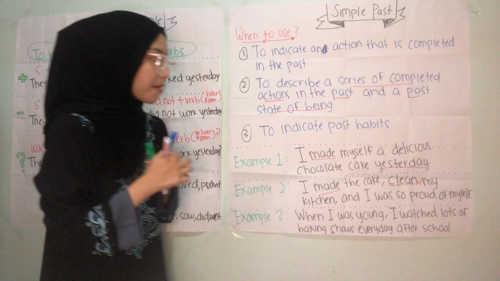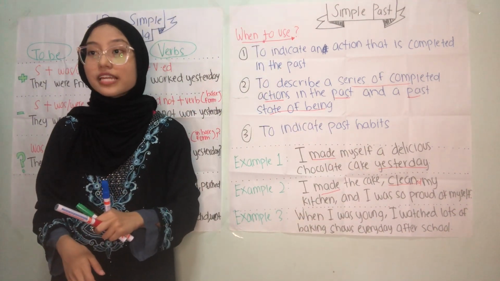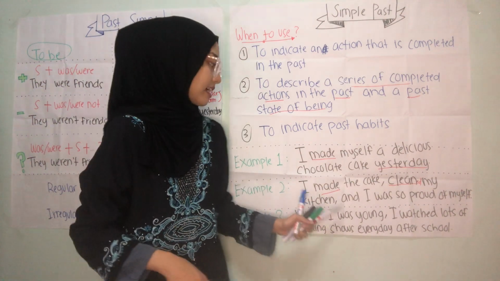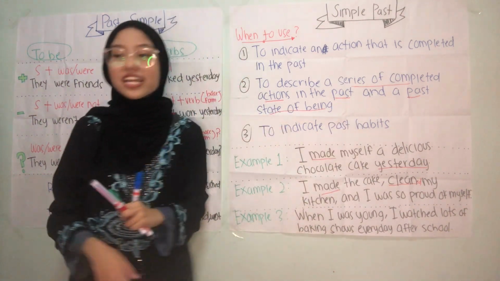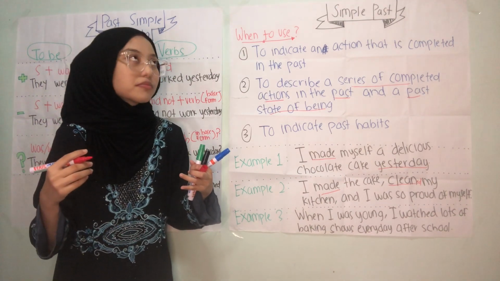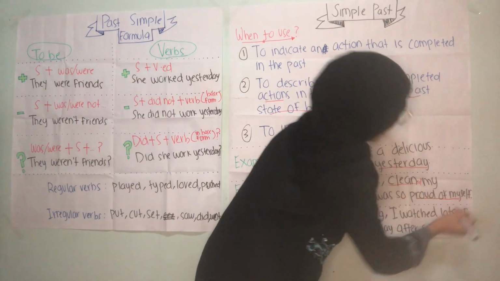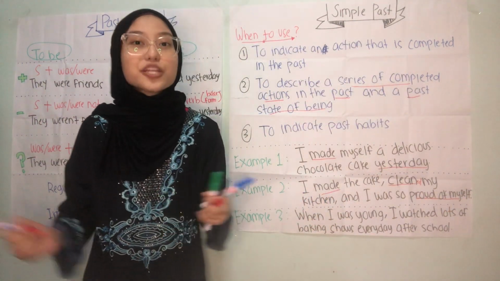But what about was so proud? It is a state of being. Why? Because it mentioned my state of being. I was so proud of myself because I am such an independent woman.